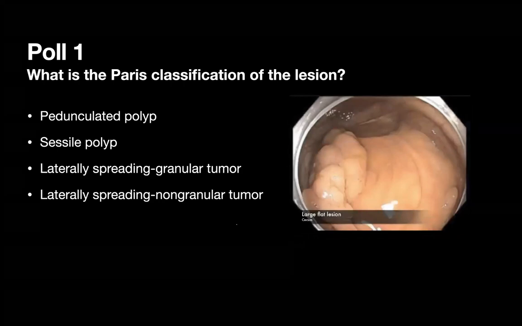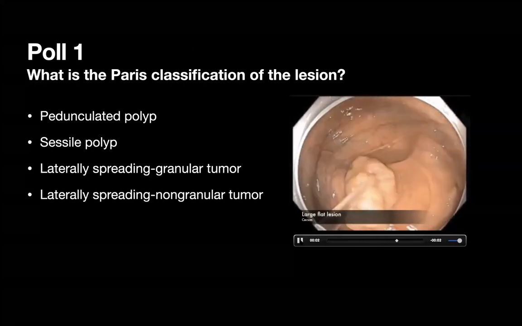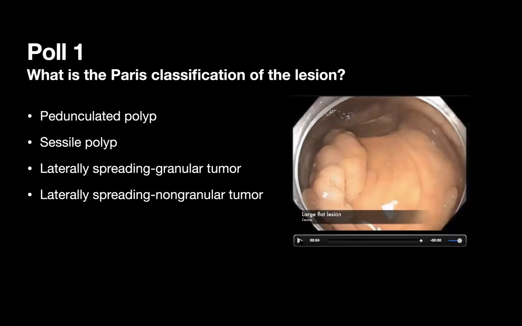Why not? A lot of people picked laterally spreading tumor, granular type. Why is it not a laterally spreading tumor granular type? Well, number one, this concept of laterally spreading tumor was first described, I think, by Dr. Kudo.